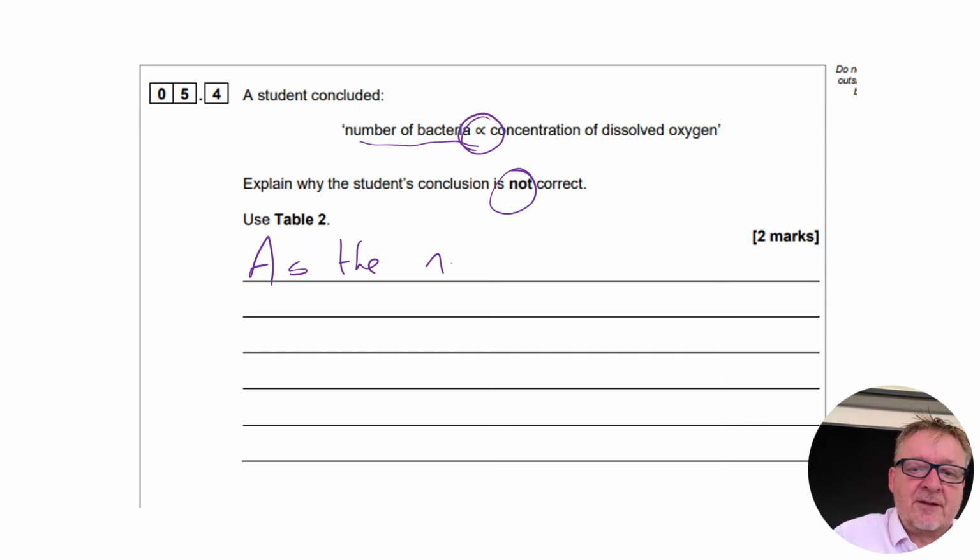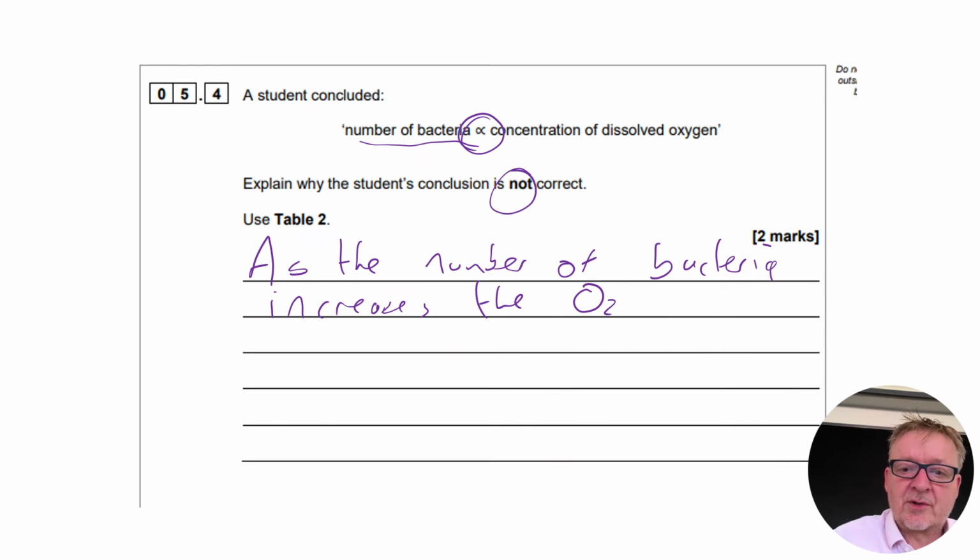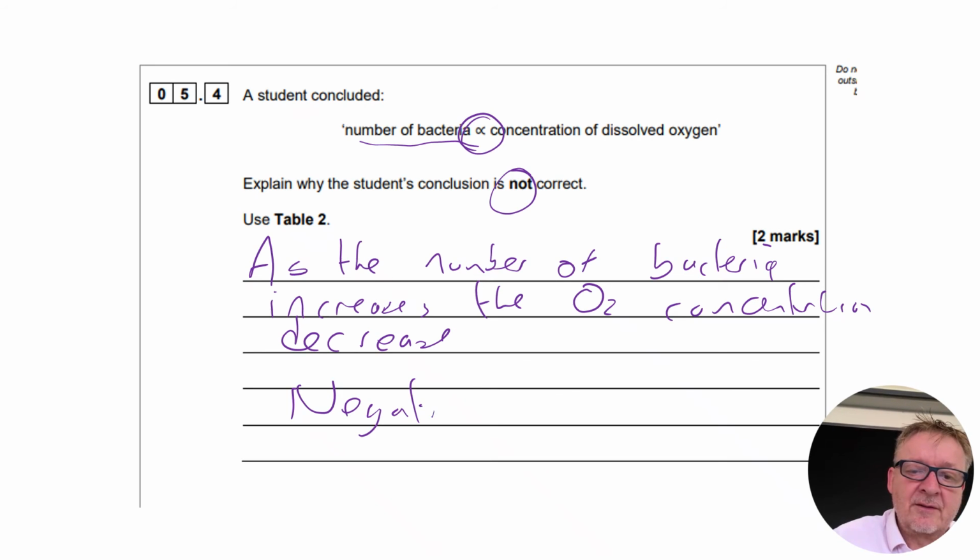As the number of bacteria increases, the oxygen concentration decreases. Okay, so it's opposite to what they're saying. And that is then a negative correlation.